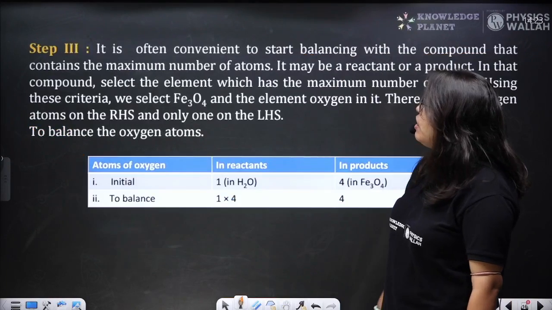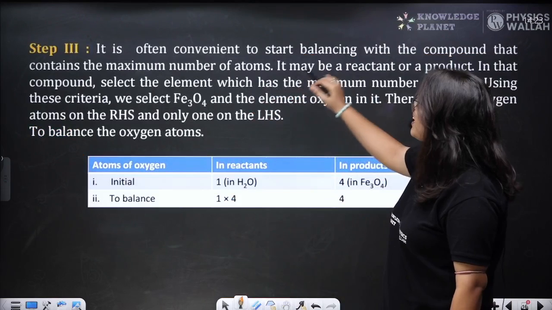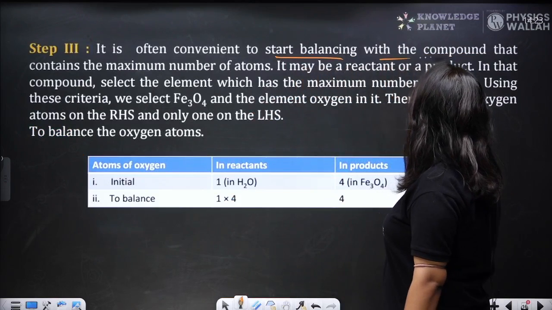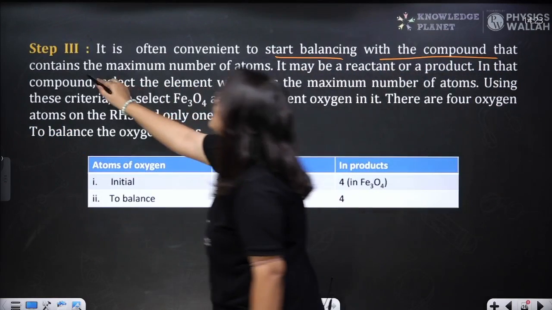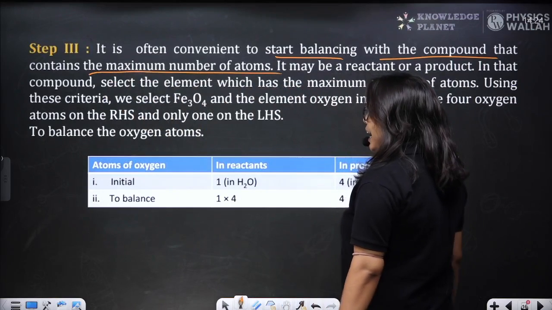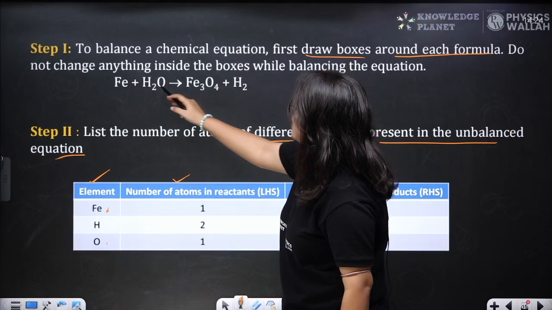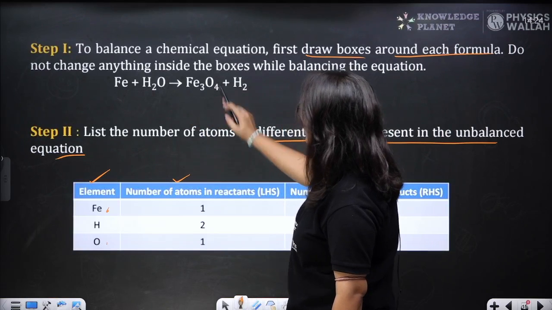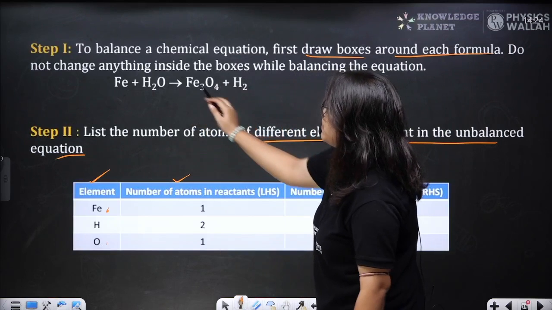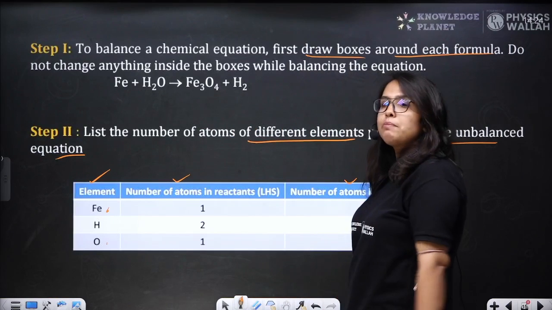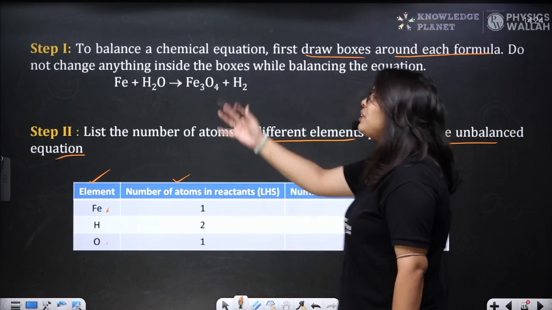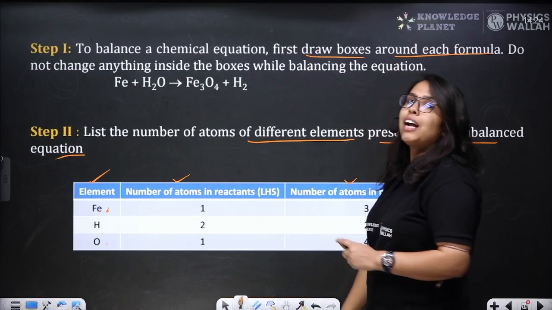In step 3, it is often convenient to start balancing with the compound that contains the maximum number of atoms. In our case, it was oxygen, that is the oxygen present in water and Fe3O4. So we will first balance oxygen. Why? We can start with iron also, but why do we start with oxygen?